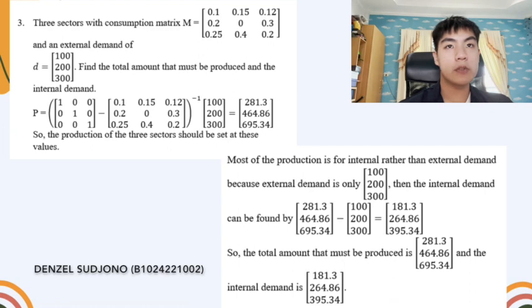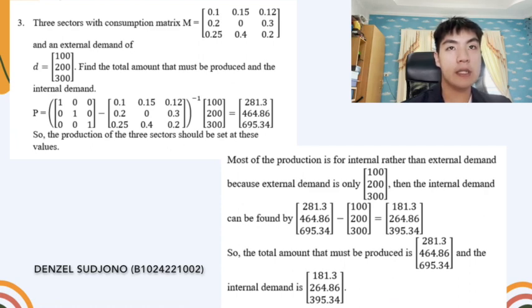So we can calculate with the formula P equals the matrix 1, 0, 0, 0, 1, 0, 0, 0, 1 minus 0.1, 0.15, 0.12, 0.20, 0.3, 0.25, 0.4, 0.2 to the power of negative 1, times the external demand, which is 100, 200, 300.